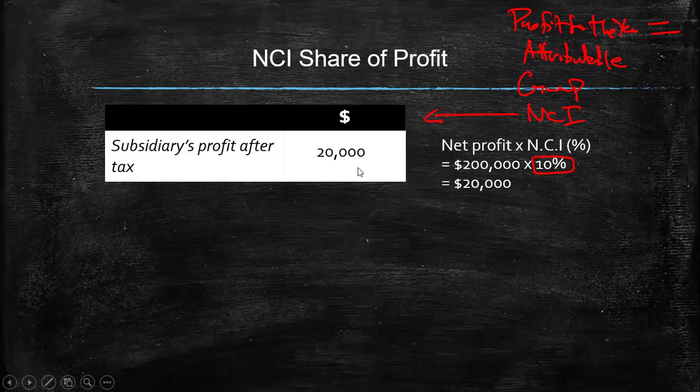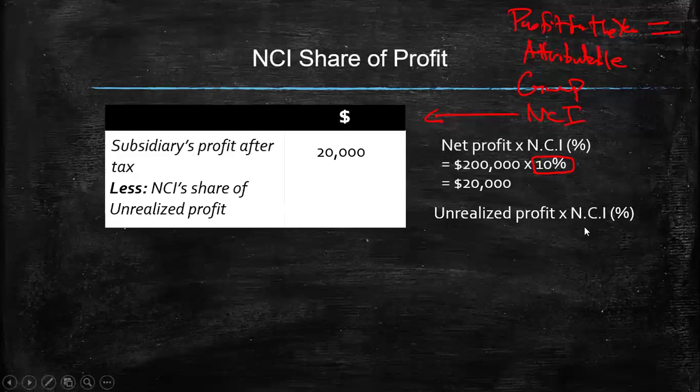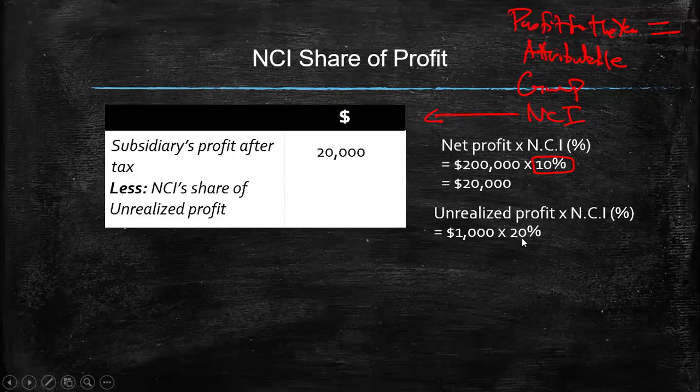Now we also have to adjust in this NCI's share of unrealized profit. If the subsidiary is the seller, only in that case, we have to subtract from here NCI's share of unrealized profit. So we take the unrealized profit amount, let's say it's 1000. We apply NCI's percentage to that.